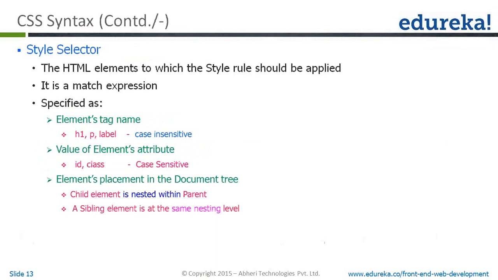See, with CSS you need to have what is called a style selector. The style selector could be a tag name like h1, p, a, label, or it could be the value of an element's attribute, like the value of the id attribute or class attribute.